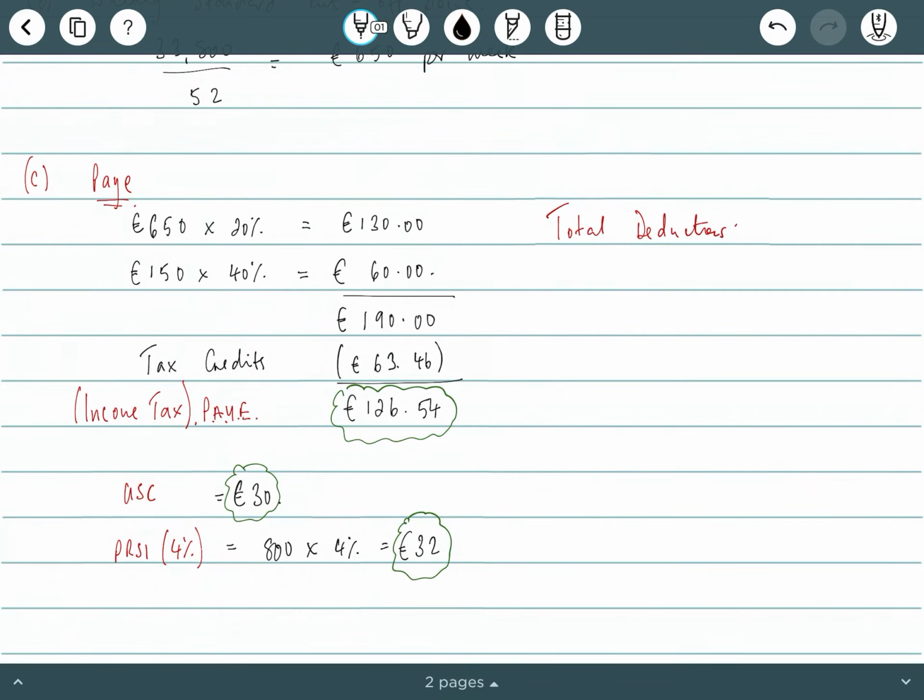My total deductions is my PAYE, which is 126.54, my USC, which is €30, and my PRSI, which is €32. Adding those three together, we will get 170.54.